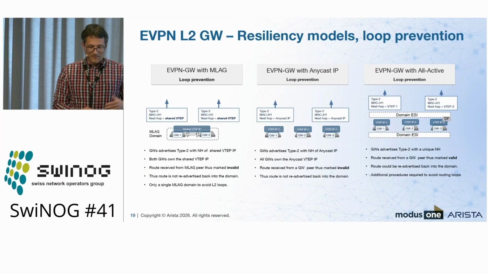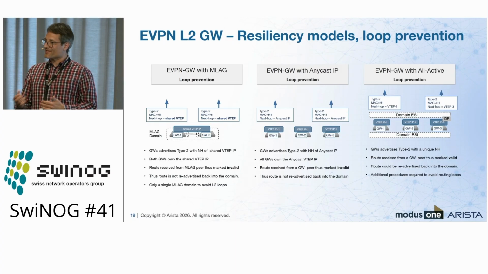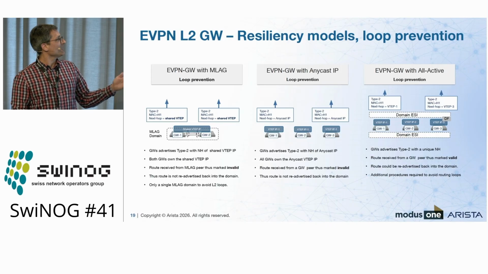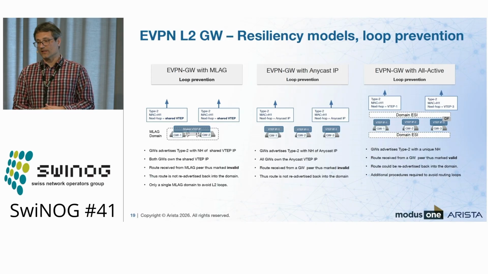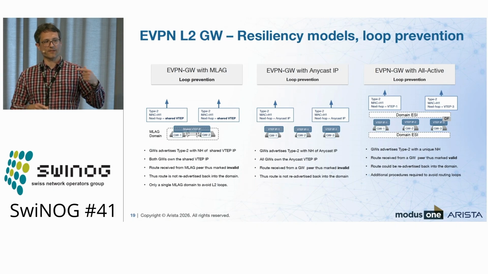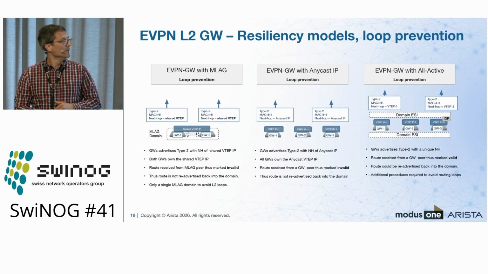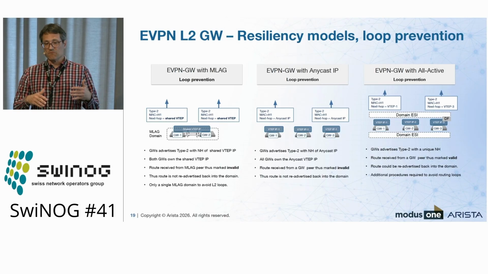So because we add redundancy, we need to talk about loop prevention once again. With MLAG, this is relatively simple because both MLAG members use the same VTAP IP address. So if they receive the EVPN updates from the peer, they would simply not use them.